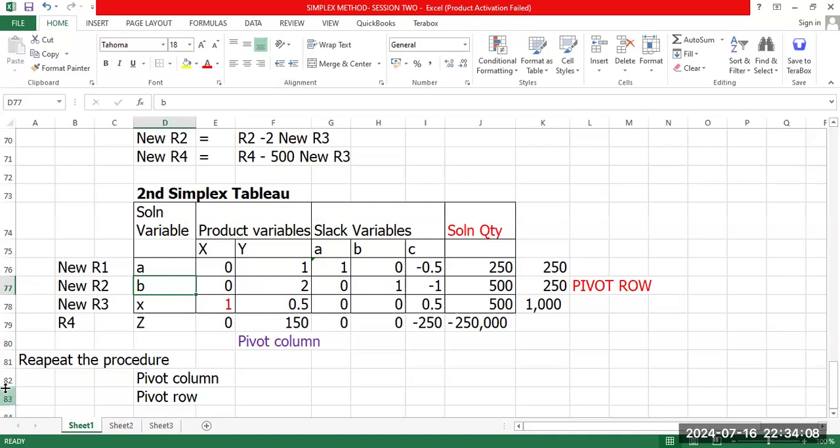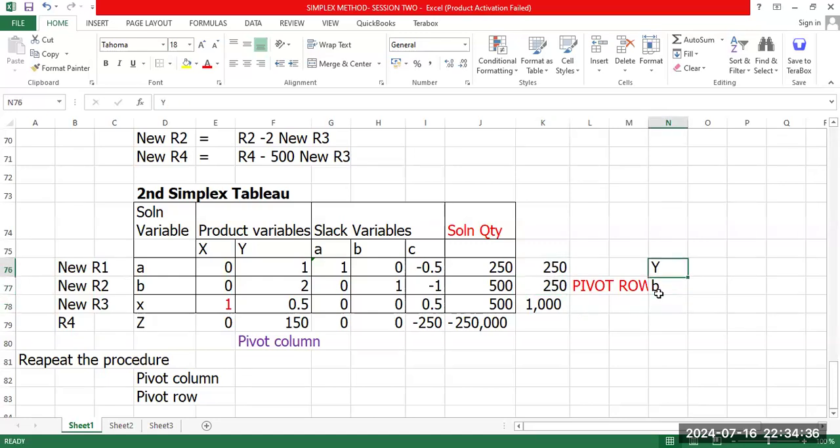But another situation is you may have these values, but when you observe the solution variable, you find that you have, let's say, Y and down you have B. Y is a product variable, B is a product variable, and here you have the same value.